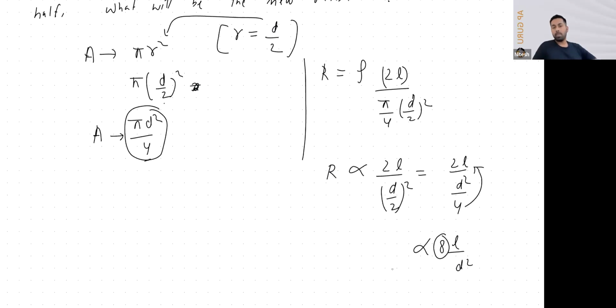Is that okay? Wait, wouldn't it be different because it's d squared now and not just d? Yeah, so I just put the d over 2 and then squared it. Okay.